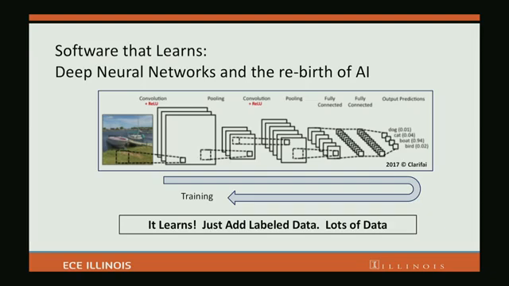I may never know what inside the system is used to determine all that. Maybe I don't care. But given enough data and the right kind of algorithm for training this thing, that's enough.